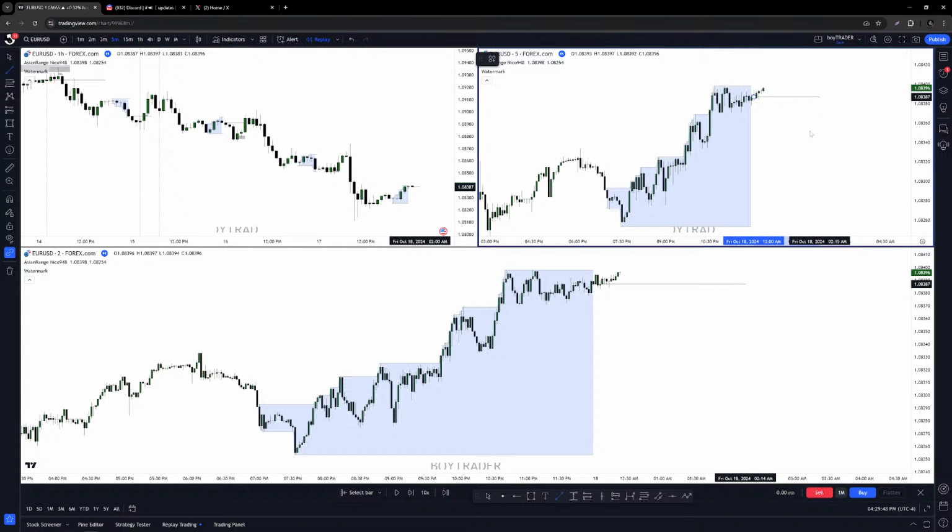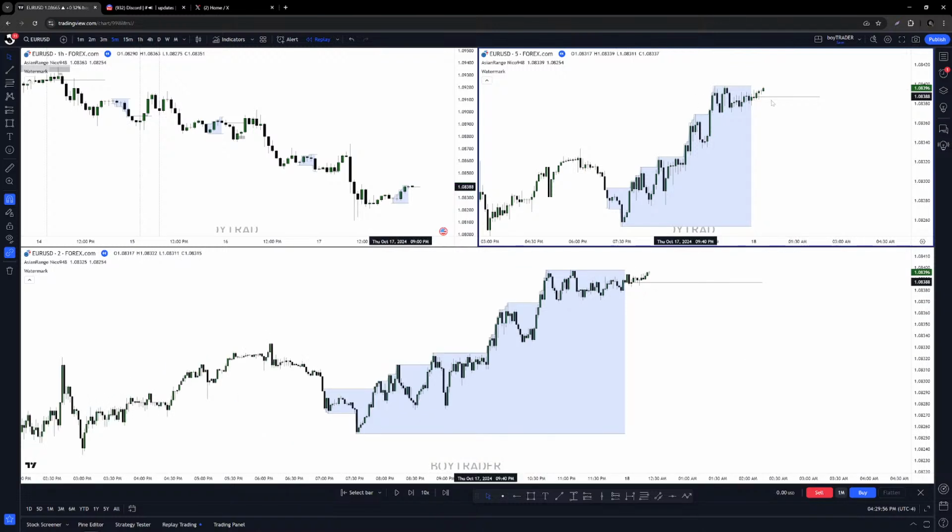Yeah, Friday is usually a reversal day, so we might be seeing a reversal. But typically, what I will expect is at least a short-term low, or this low being taken out, and a shift in market structure to the upside.